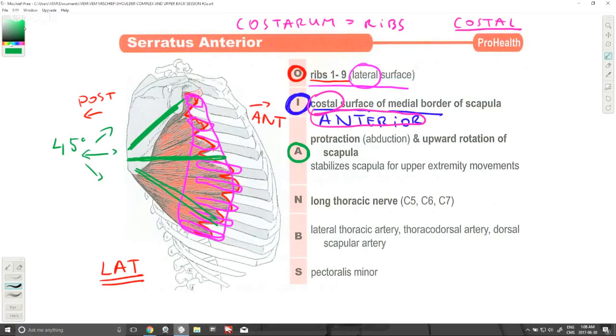Okay, so if we fire all of them, if the whole muscle works, obviously we'll protract. Protract means the scapula is going towards the front, right? We are pulling on the shoulder blade, and the shoulder blade is moving towards the front.